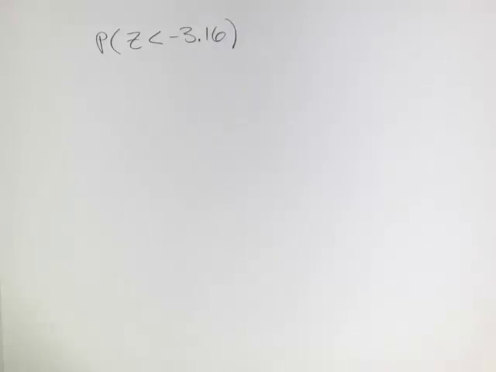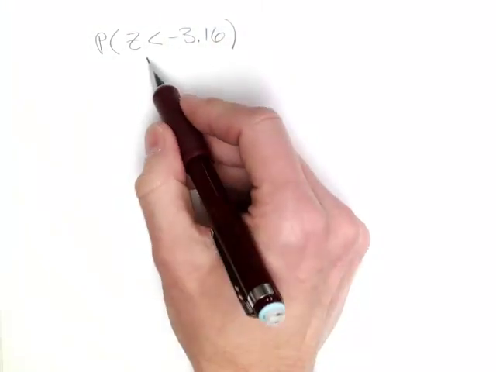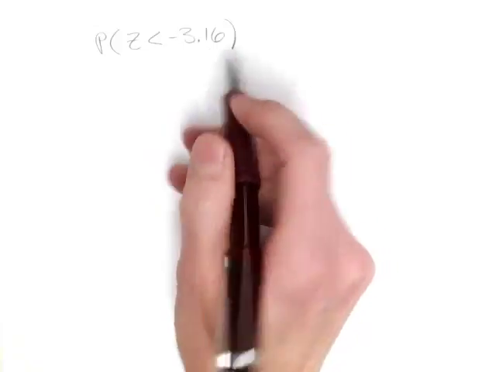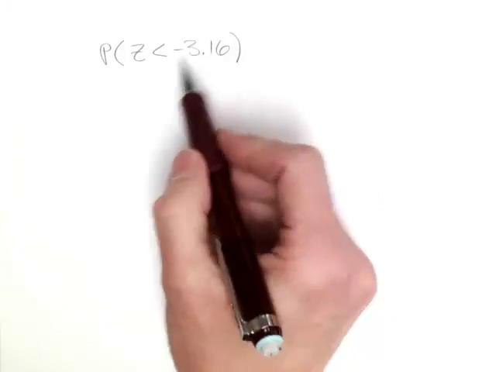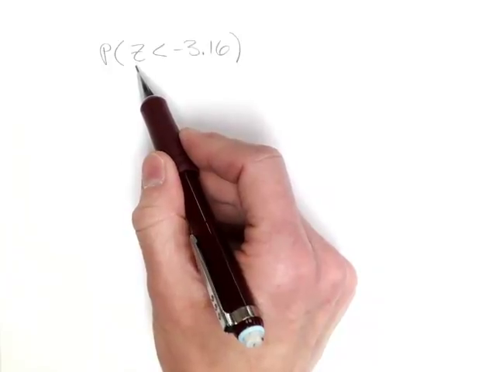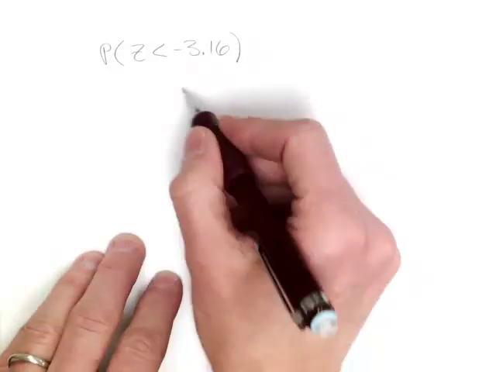So area corresponds to probability, which corresponds to percentage of area under the curve. So the probability z is less than negative 3.16 is also the same thing as finding the amount of area under the standard normal curve to the left of negative 3.16.